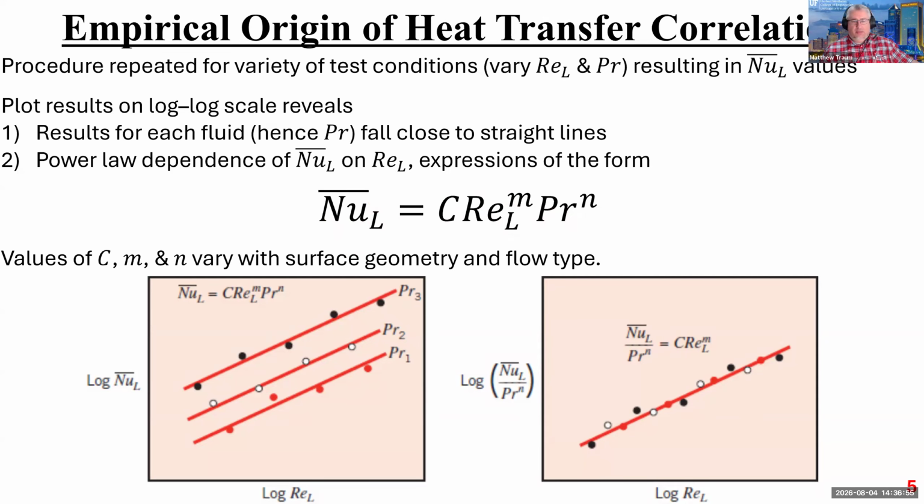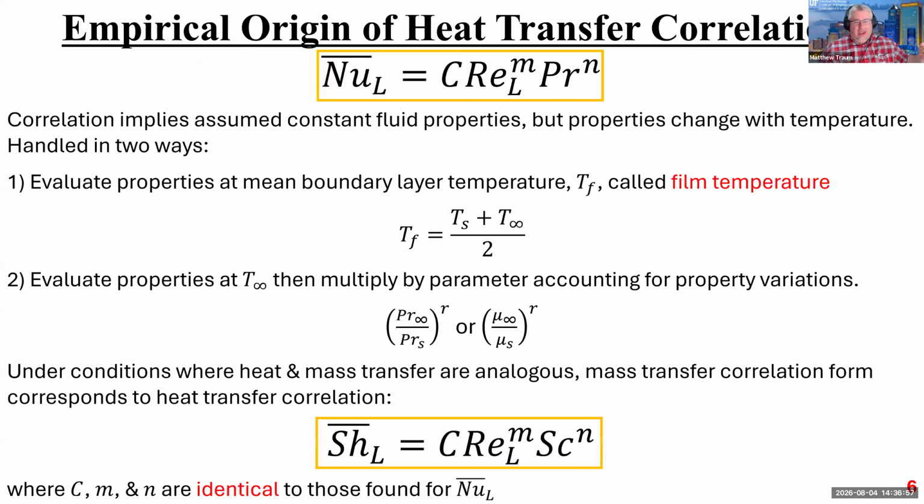Okay, so having then arrived at that correlation using Buckingham pi and some experimental curve fitting, this correlation implies some sort of assumed constant fluid properties. But if you look, so let's just move ahead one slide for a second.